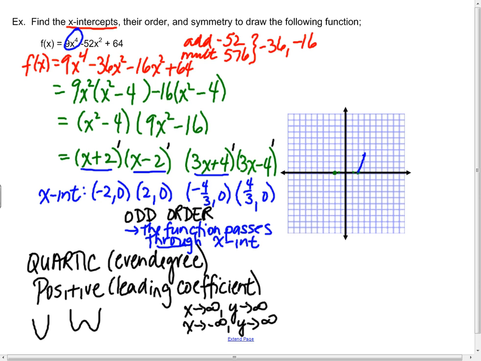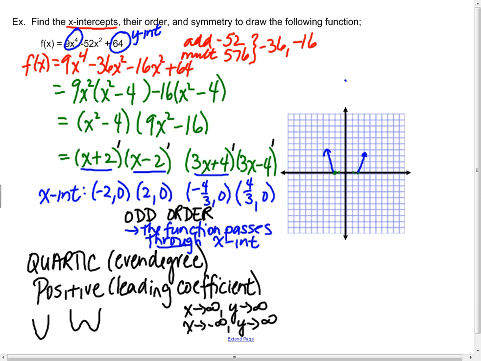So I am just going to get myself started. I know it does that and that. I also know my y-intercept. That can help. At least it can get me anchored. My y-intercept is 64, which, for sake of brevity, we're just going to put it up there, which is ridiculous. It's off of the scale.